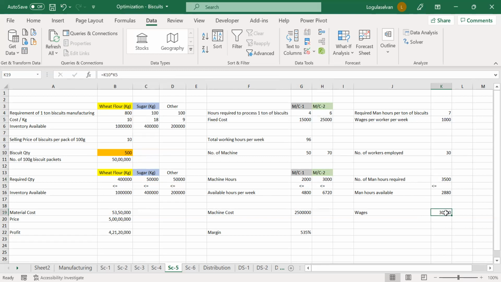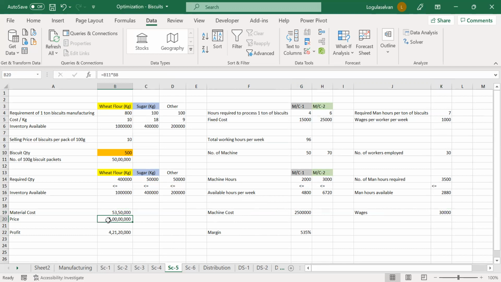Then wages is a cost. So you have to take the 30 employees employed and multiply by 1,000. So per week they have to spend around 30,000 rupees. Now the cost will be nothing but the sum of the material cost, machine cost, and the labor wages.